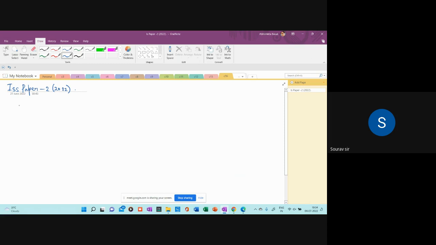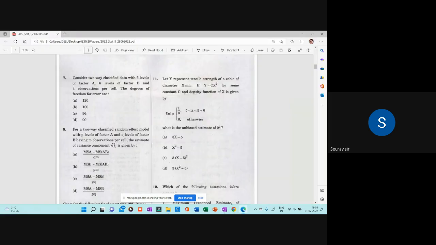So they said that the number of rows is equal to this, the number of columns is equal to this, and the number of observations in each cell is defined. So for factor A there are 5 levels, for factor B there are 6 levels.